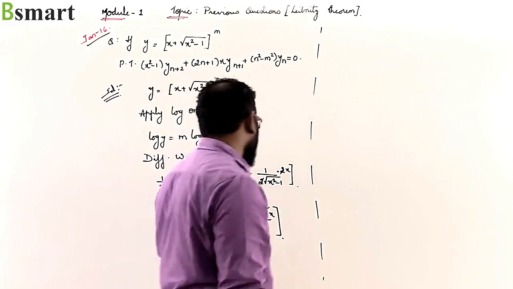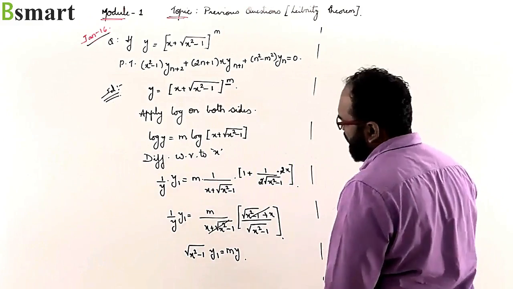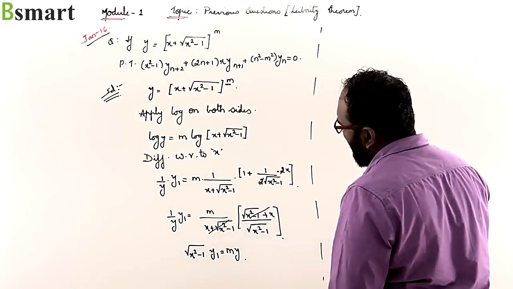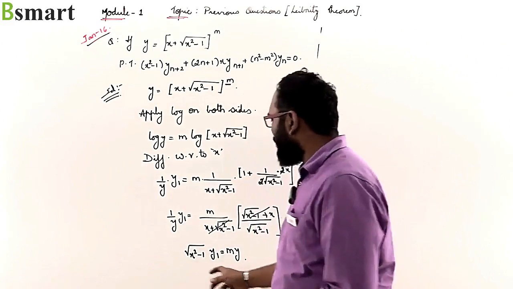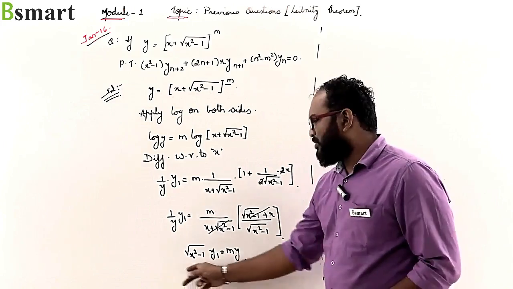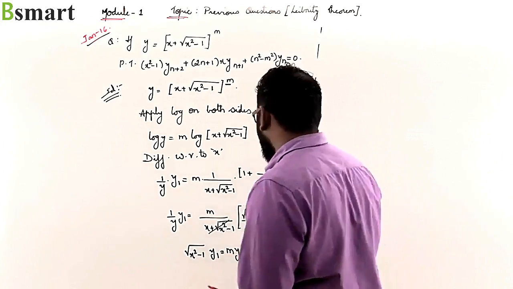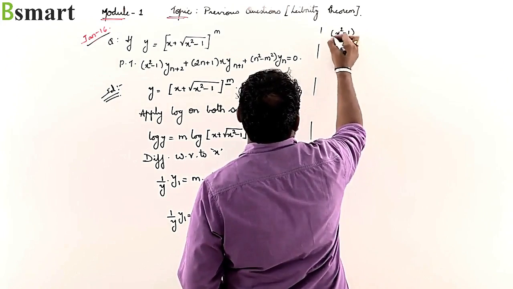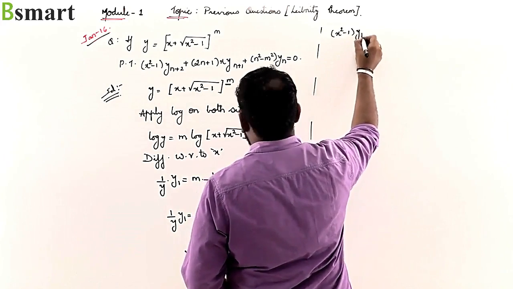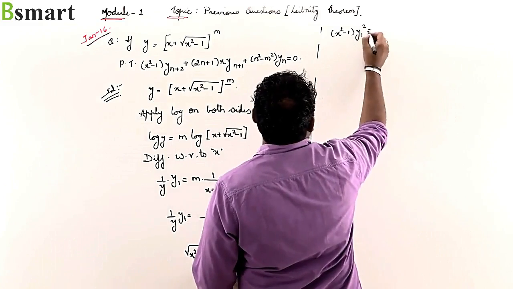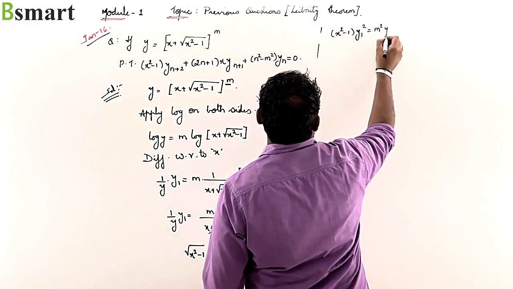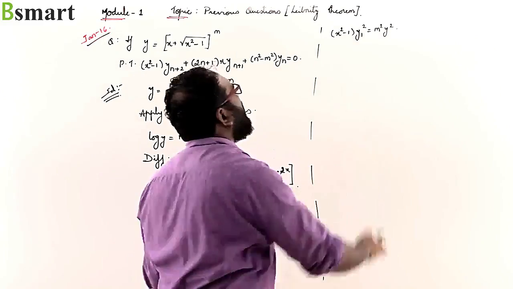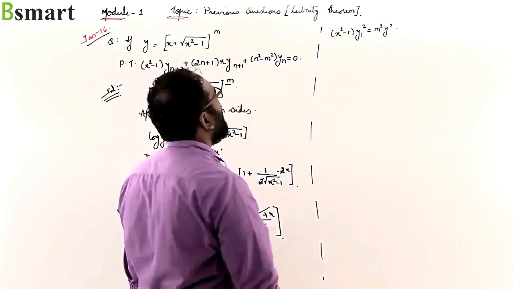Now we'll differentiate again with respect to x. Or instead of differentiating, now apply squaring on both sides. If we square it on both sides, that will be x square minus 1 into y1 square is equals to m square y square. Now we'll differentiate again with respect to x.